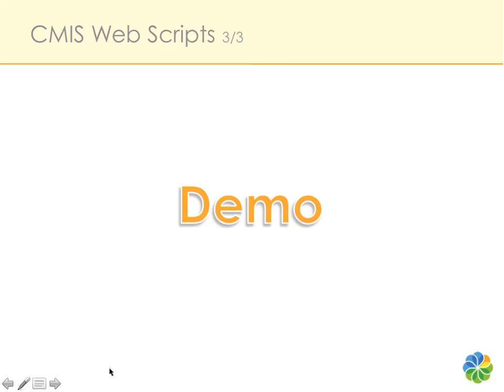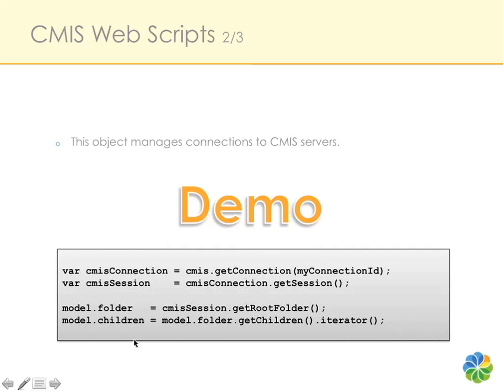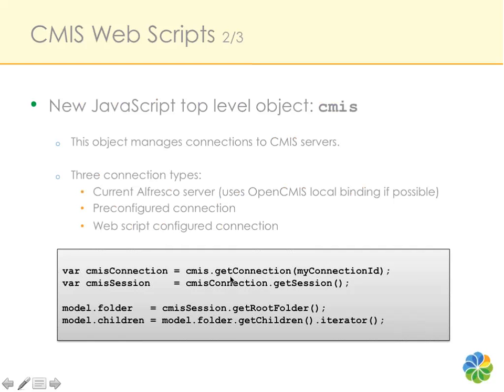Yes and no. Well, Share is actually an extra case. So if you have Share running on one server and Alfresco on another, it actually automatically connects you to the Alfresco server. So if you remember, I have here my get connection call. If I remove this my connection ID, and I'm on an Alfresco server, I get a connection to my local machine.